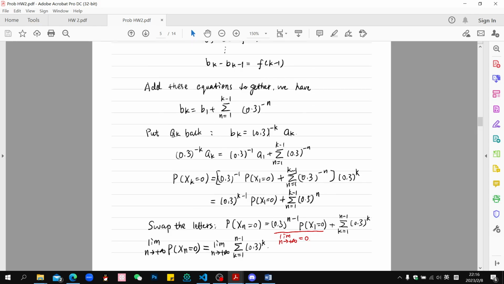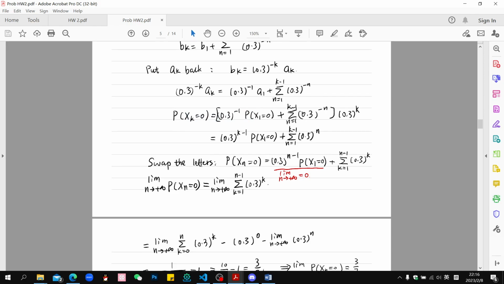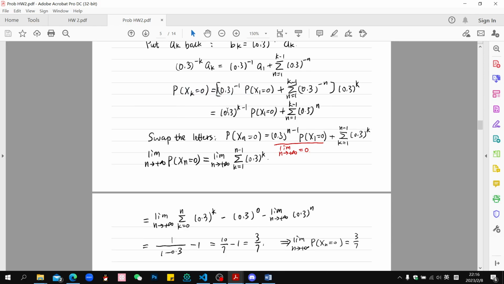And then when we put ak back in the position of bk, like this, we have this one. And then we put the probability for xk back in this expression, and then do the calculation. We swap the letters n and k. We notice that this limit is 0.